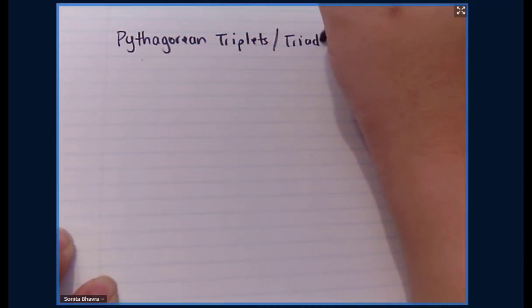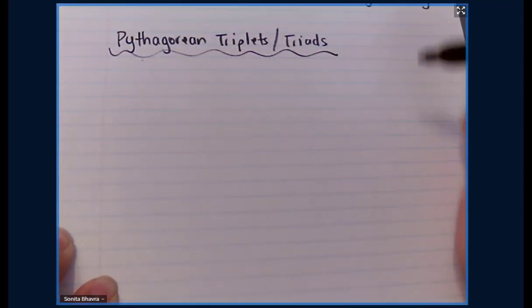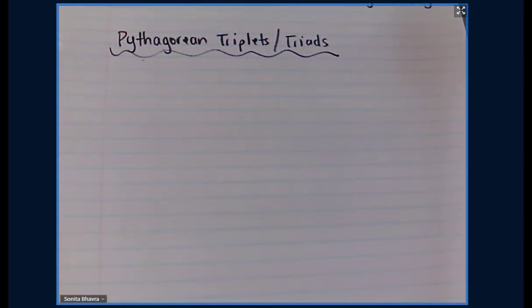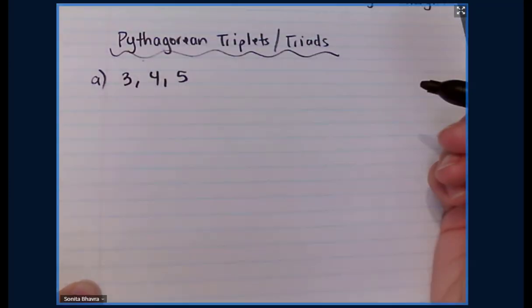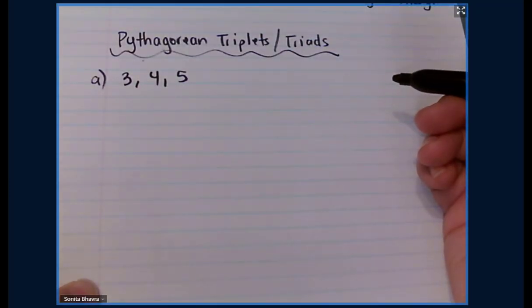And basically, you're given 3 numbers to determine whether or not they satisfy the Pythagorean theorem to be a right triangle. So for example, if you're given a set of numbers 3, 4, and 5, are these set of numbers a Pythagorean triplet or triad?